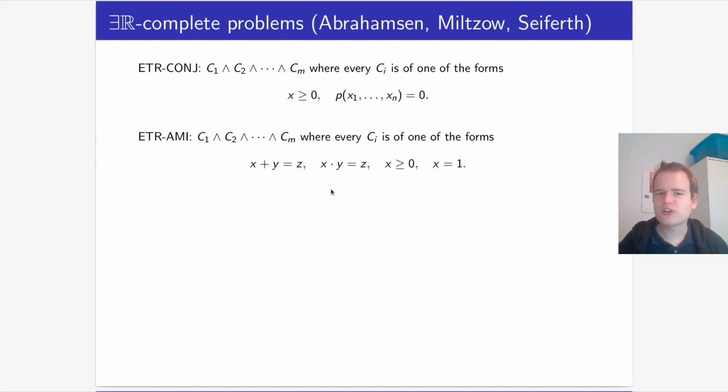And from this problem it becomes a bit clearer how to prove that some geometrical problem is ER hard, since we need some way to encode variables in our geometrical problem, and then we need a gadget for each of these four constraints.